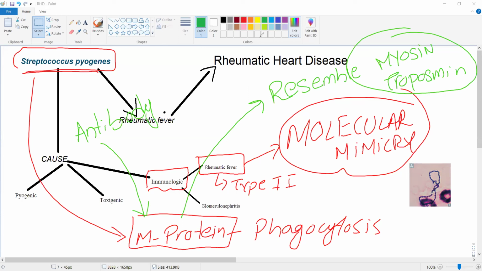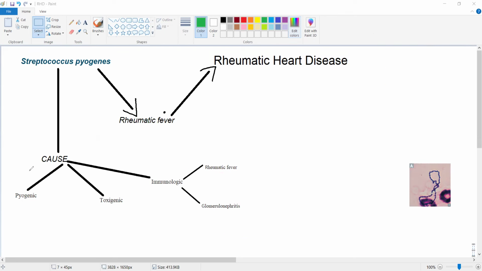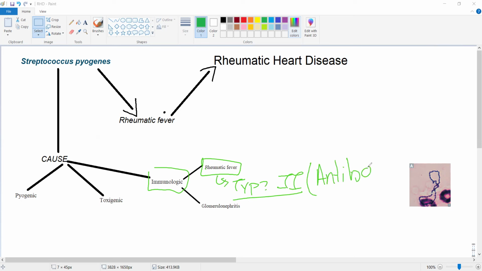Does it make some sense? Can you please repeat that part? Okay, I am repeating this. Streptococcus pyogenes leads to rheumatic fever. This rheumatic fever is a type 2 hypersensitivity reaction, and type 2 is basically an antibody mediated hypersensitivity reaction.